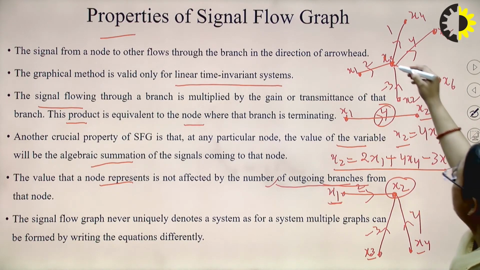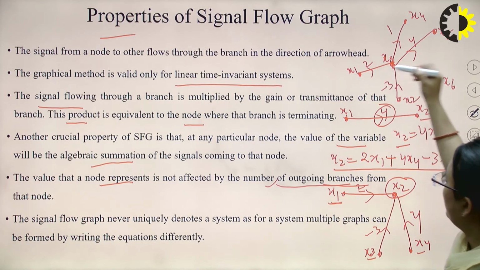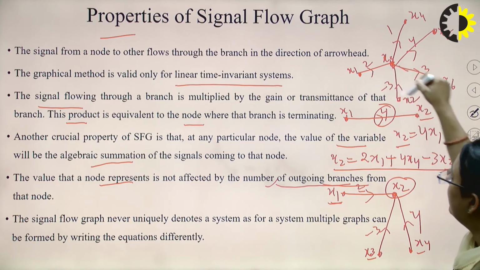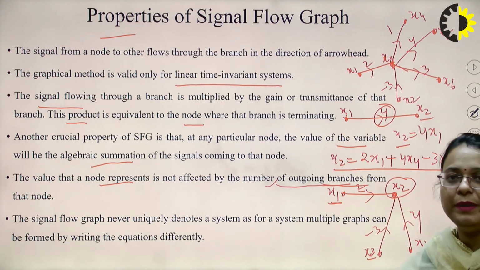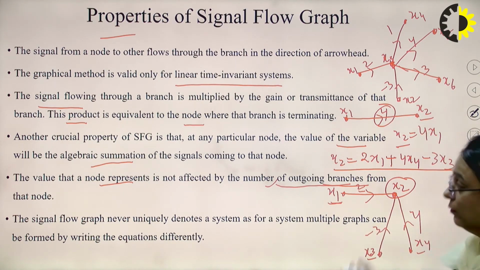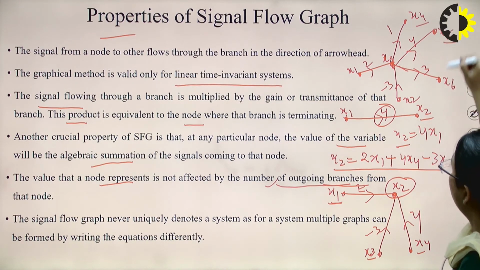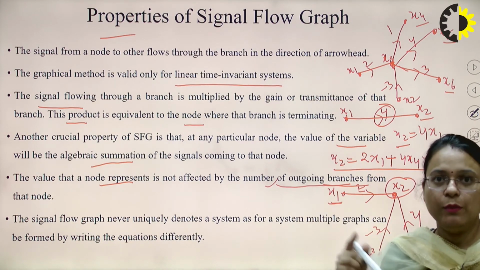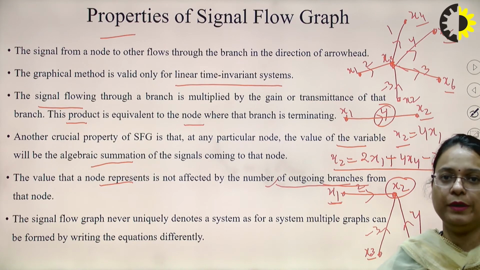So here x3 will be equal to 2 times x1 and -3 times x2. It depends only upon the incoming branches. Its value depends upon the variables that are incoming towards it. This x3 does not depend upon the variables x4, x5 and x6, while x4 is dependent upon x3, x5 is dependent upon x3, and x6 is also dependent upon x3.